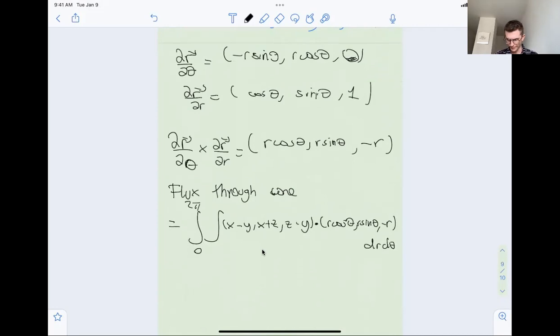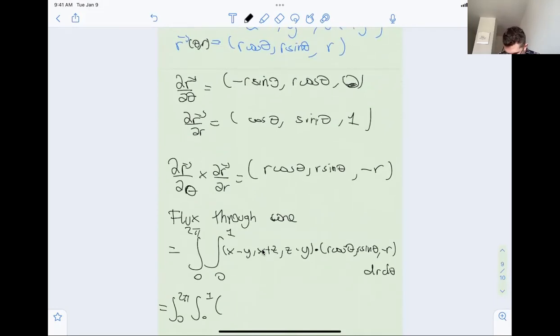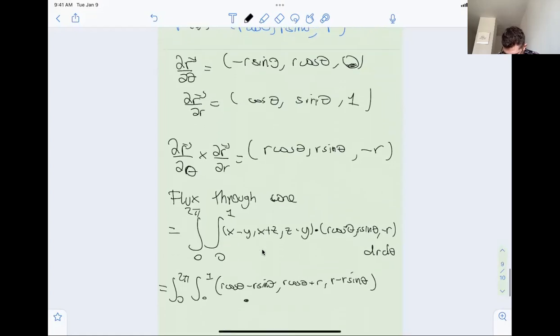So if you do the integral from 0 to 2 pi, from 0 to 1 of, what is x? Again, you have to look at the parametrization. So it's r cosine of theta minus r sine of theta, r cosine of theta plus r, r minus r sine of theta, dot r cosine of theta, r sine of theta, minus r.